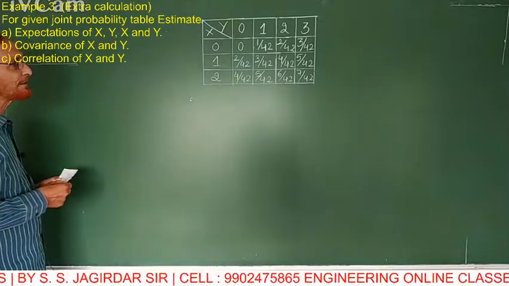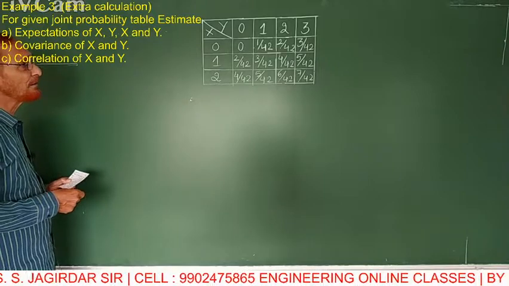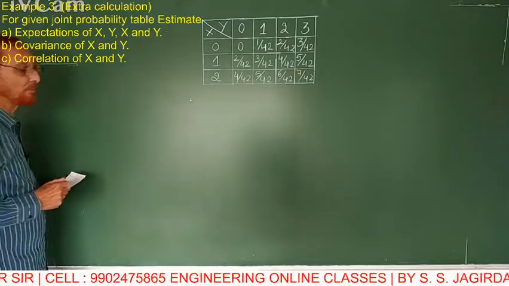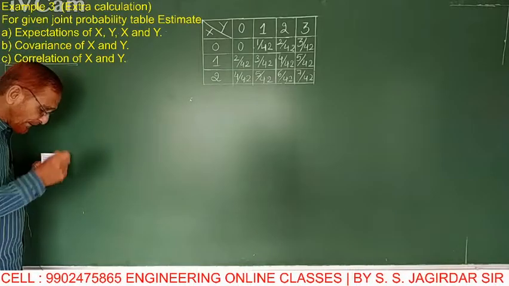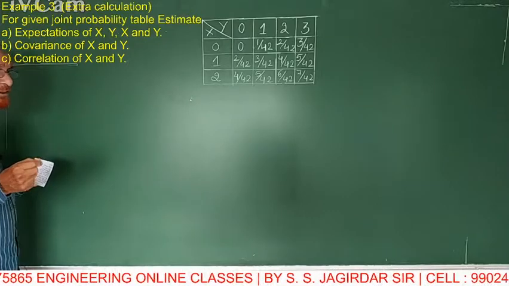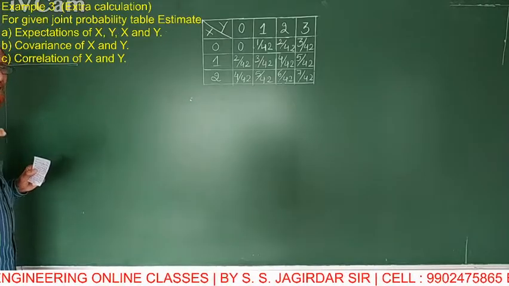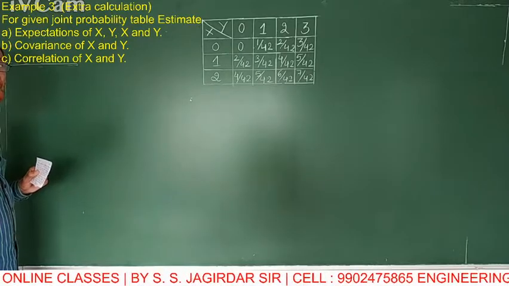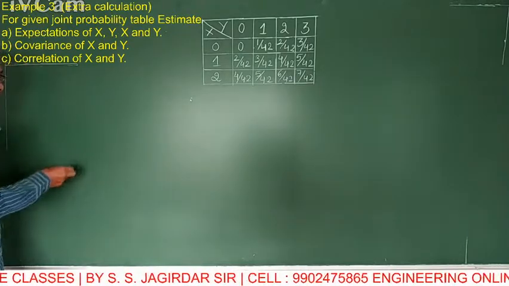In this table you can see that y values are 0, 1, 2, 3, and x values are 0, 1, 2. Whatever you require to calculate, expectation or covariance or correlation, first we must prepare the chart of marginal distributions. That is what I am going to do first.